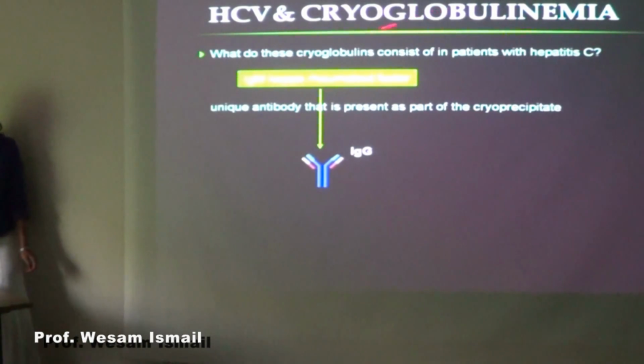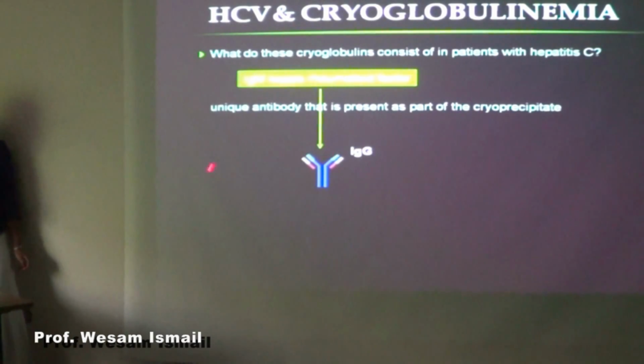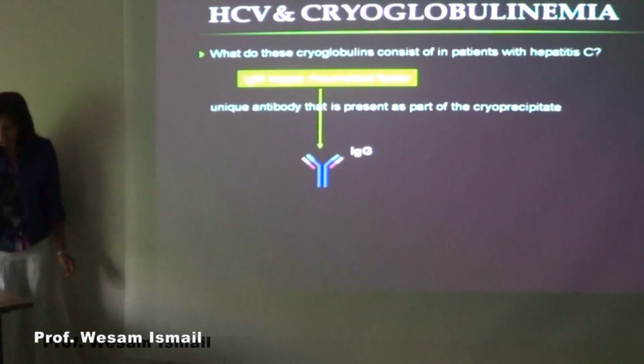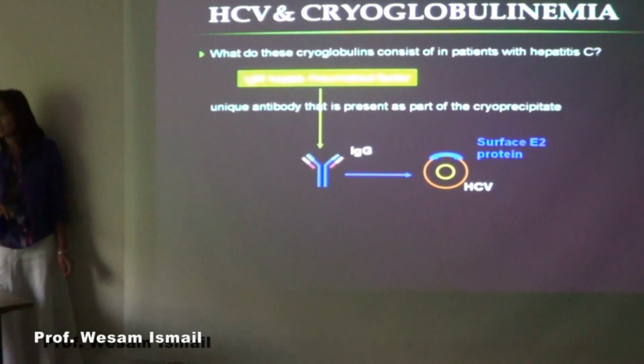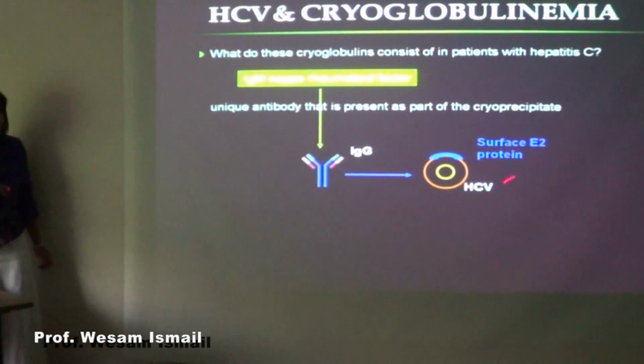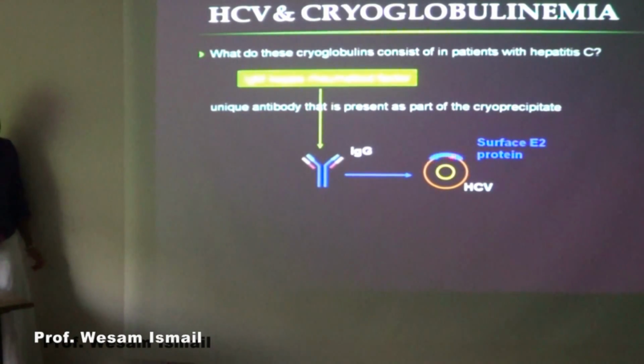What is this antibody targeting? It's actually targeting the immunoglobulin. It targets the IgG, not any IgG. Which IgG? The IgG which is attacking the surface E2 protein on the hepatitis C virus particle. So if we take it the other way around, we have hepatitis C. The virus particle has the surface E2 protein on its surface.